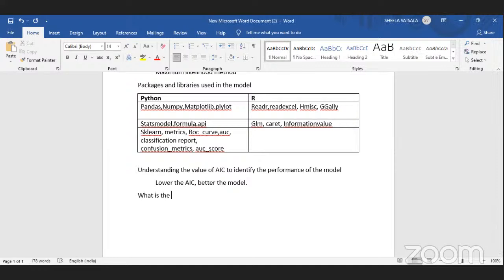Here, there are ways to identify what's the best feature, whether to add the feature or not. So variable selection is one of the important steps in our model building and selection. So we use lasso. Lasso is one of the important methods where we try to penalize the variable.